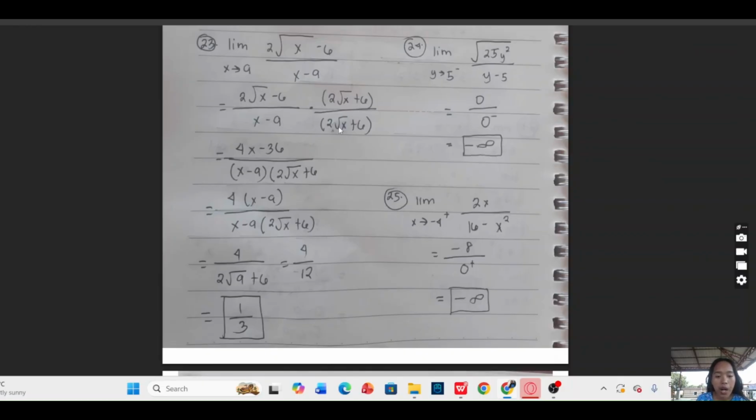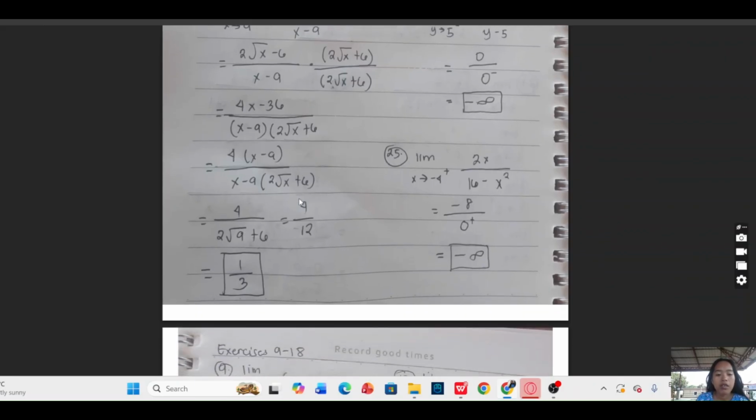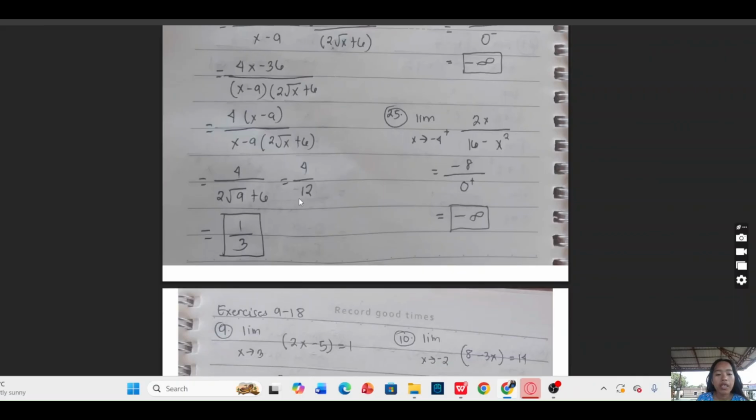Our answer would be 4x minus 36 all over x minus 9 times the quantity of 2 square root of x plus 6, which leads to 4 times x minus 9 over x minus 9 times 2 square root of x plus 6. Again, we need to remove x minus 9 in the numerator and x minus 9 in the denominator because they are the same.